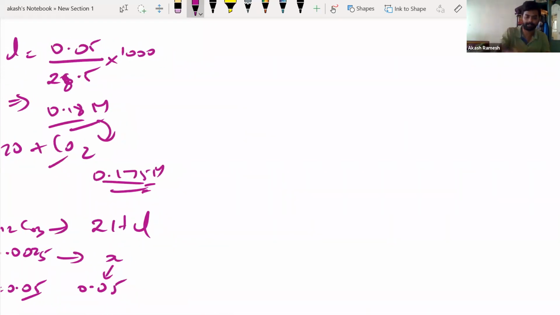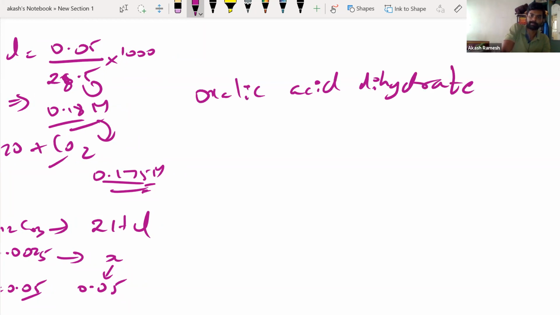If you are wondering what this is, oxalic acid dihydrate. So an aqueous solution of 6.3 grams of oxalic acid dihydrate is made up to 250 mL.